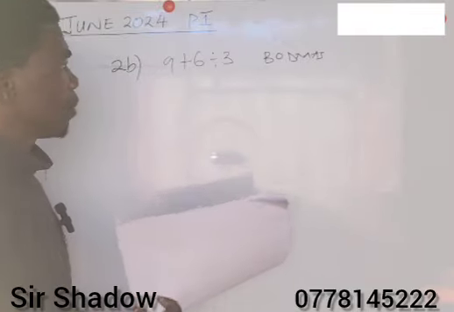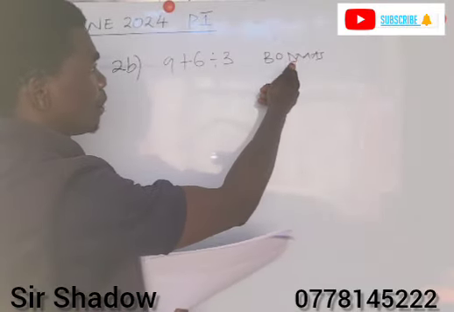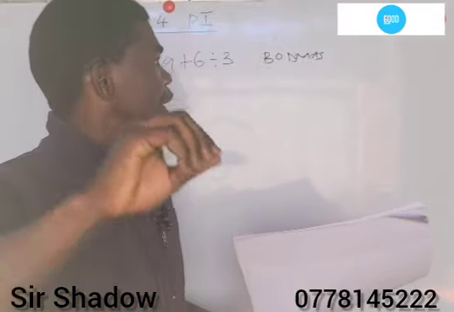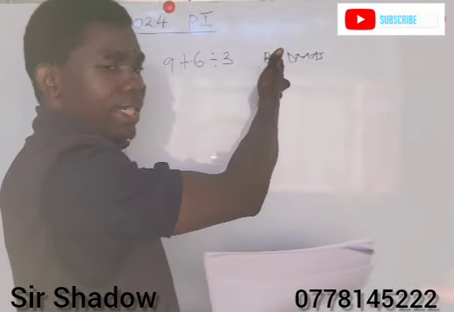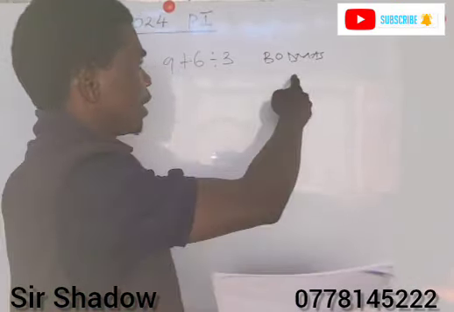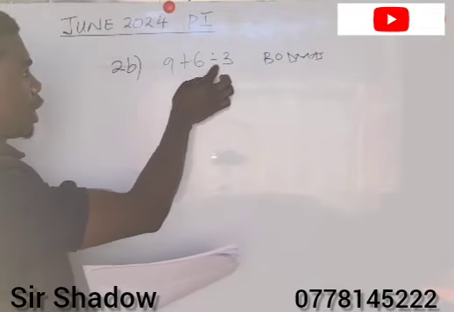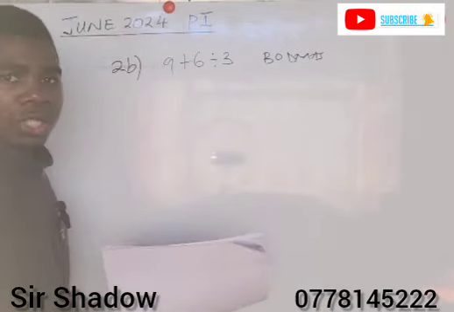What does BODMAS mean? BODMAS means brackets, of, division, multiplication, addition, subtraction. We have to start with brackets, simplify what is in brackets, then apply division, multiplication, addition, and subtraction. But now we're given addition and division, so we have to do division first.